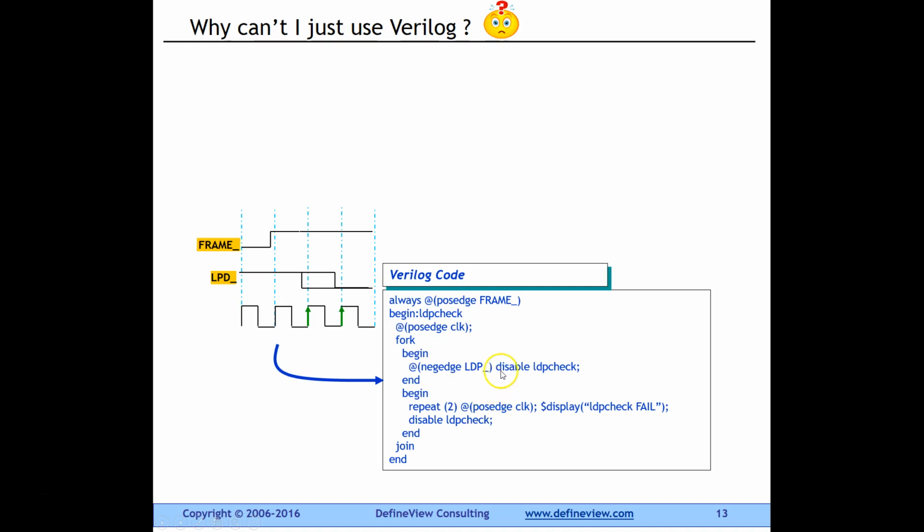There's a very good chance that if you don't get this condition correct, negedge LDP or repeat 2 posedge clocks, and you prematurely disable the LDP check, you may get a false failure. And you don't want that. So there is a good chance that you will end up spending more time debugging your checker or your Verilog assertion compared to the design itself.